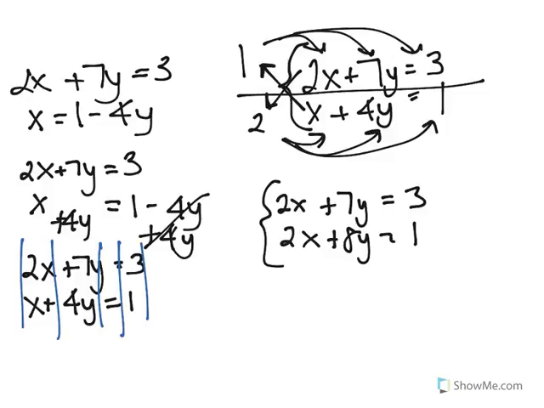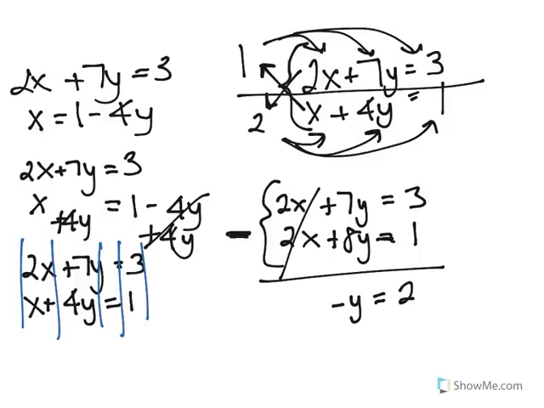Okay, so outside of the brackets, I'm going to put a minus sign. I put the minus sign outside the bracket so I don't mess up the positive and negative signs within. And I'm going to subtract it. 2x minus 2x gives me 0, which I'm just going to erase, cancel these out. Now 7y minus 8y gives me negative y.